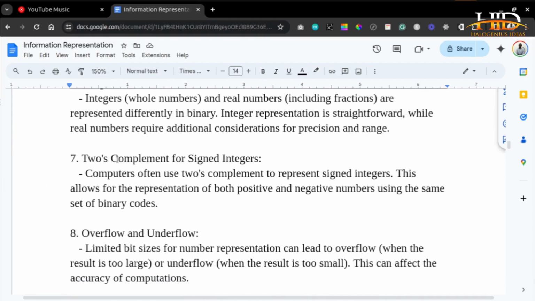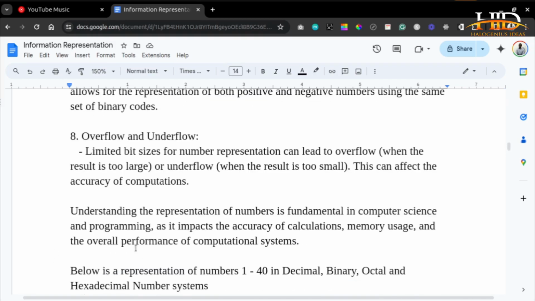So we also have the two's complement for signed integers. Computers often use two's complement to represent signed integers. This allows for representation of both positive and negative numbers using the same set of binary codes. We also have the overflow and the underflow.